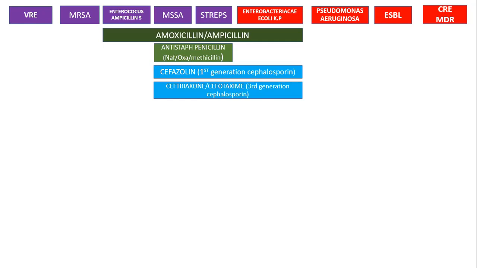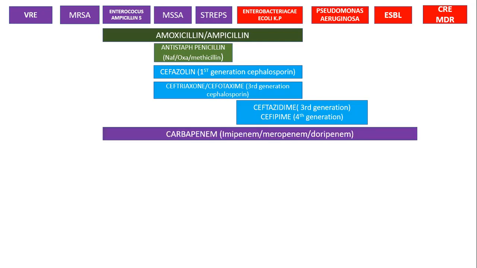As I told you earlier, first generation cephalosporins have more gram-positive coverage, some gram-negative coverage. Ceftriaxone, cefotaxime, again gram-positive and some gram-negative coverage. Ceftazidime and cefepime have pure gram-negative coverage.